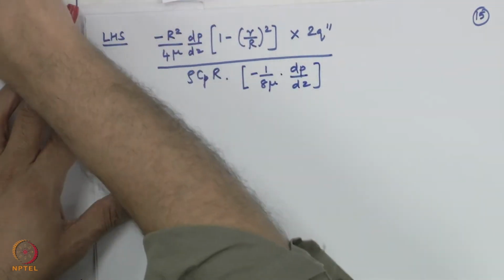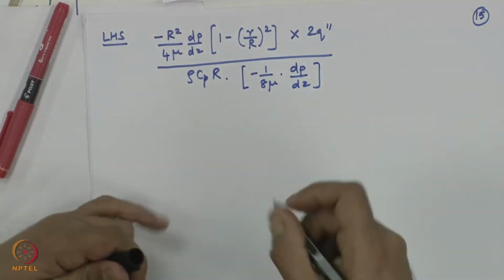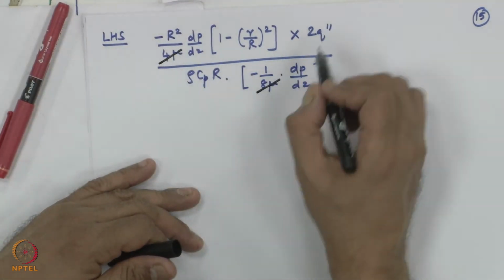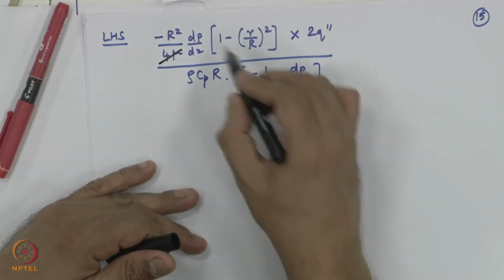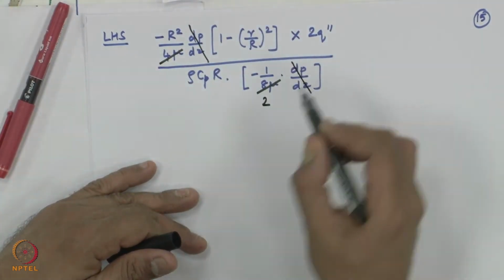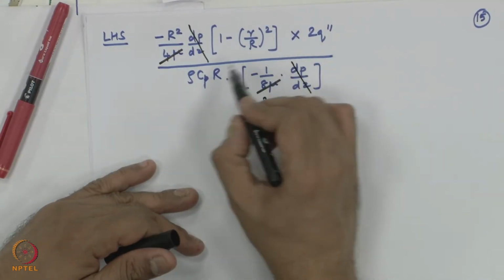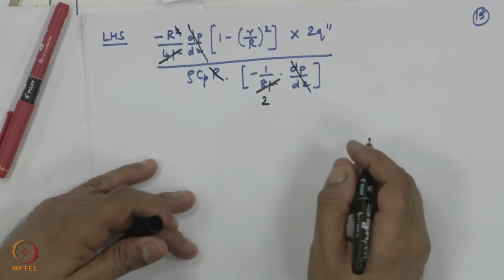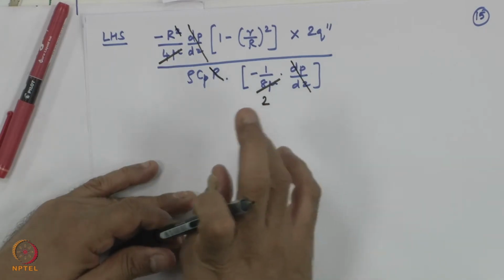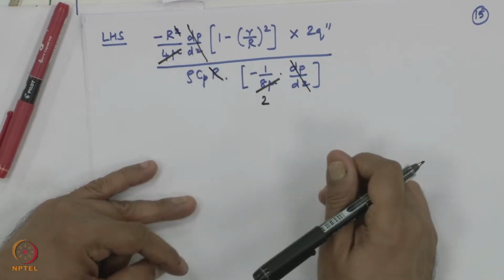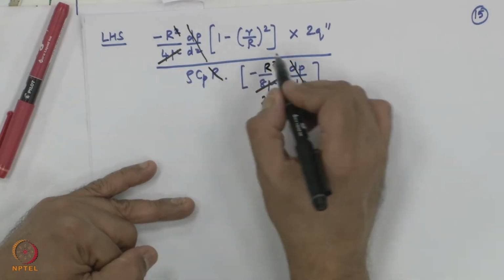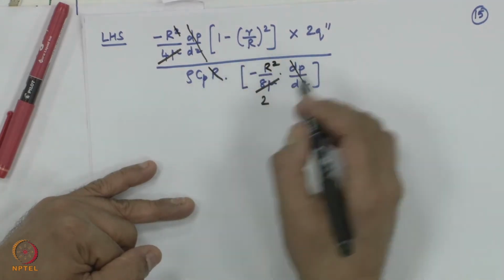So, based on this, 4 mu, 8 mu, I am left with 2 here, dp/dz cancels off, 1 r cancels off with 1 r. I am left with, sorry, this is R squared, so there is 1 r left here still.